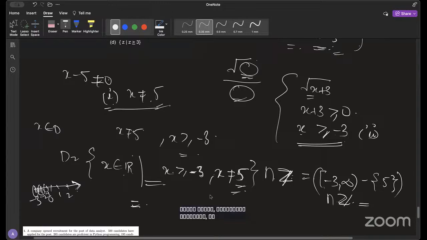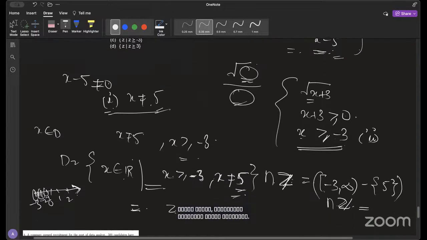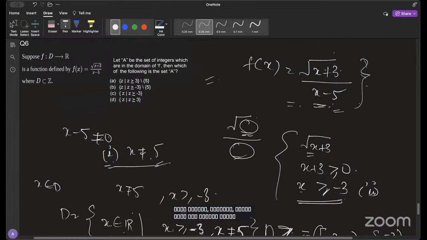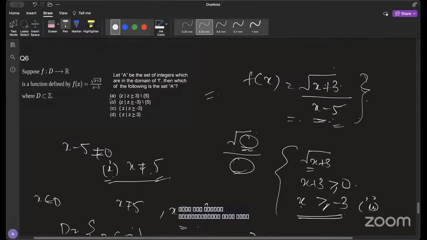So you can write this set as the set of z belonging to the set of integers such that z is greater than minus 3. So in set form, you can write it in this manner. And here on the line, you can see it's all the integers greater than minus 3, excluding 5. So it's this option, B option.